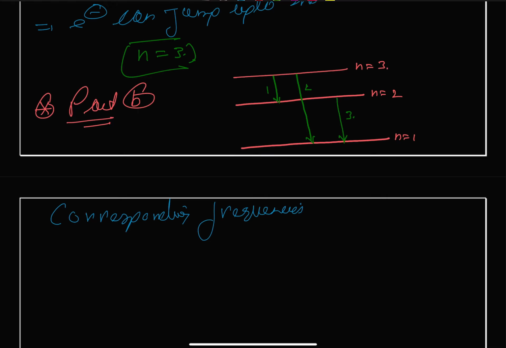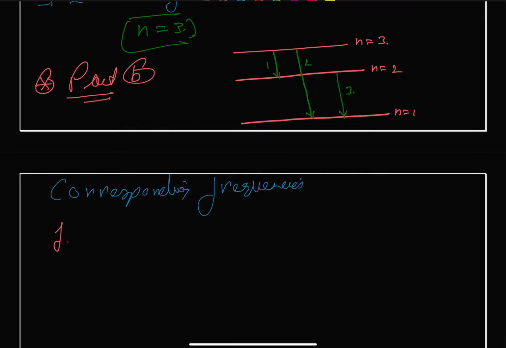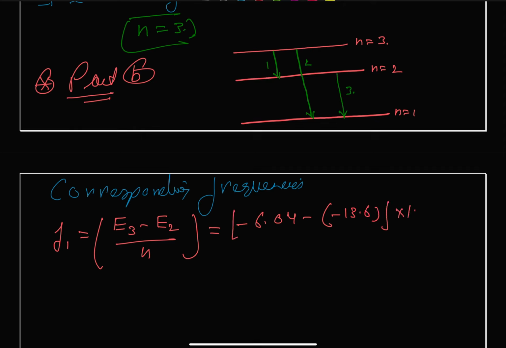Let us call this our F1 is equal to E3 minus E2 divided by h, and we get this as minus 6.04 minus of minus 13.6, converting into joules 1.6 into 10 to the power minus 19, and divided by h, which is 6.6 into 10 to the power minus 34.